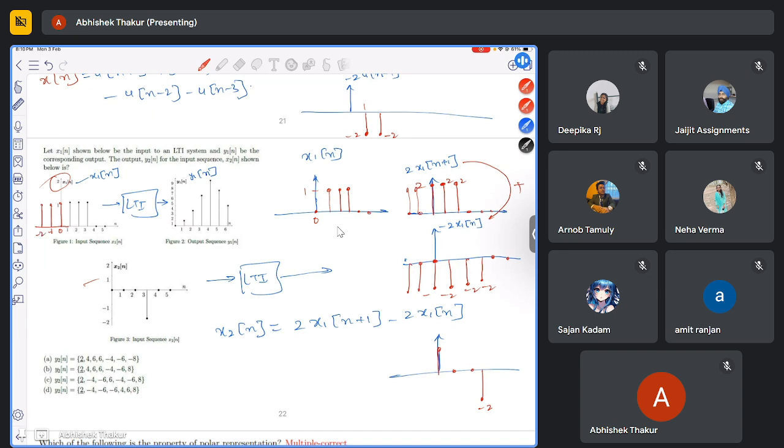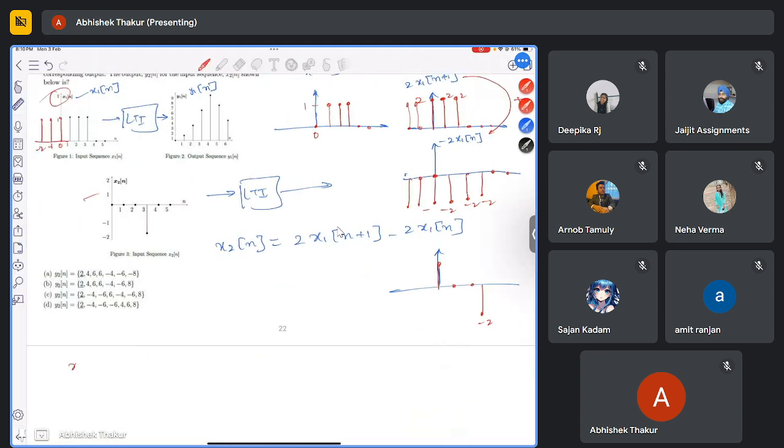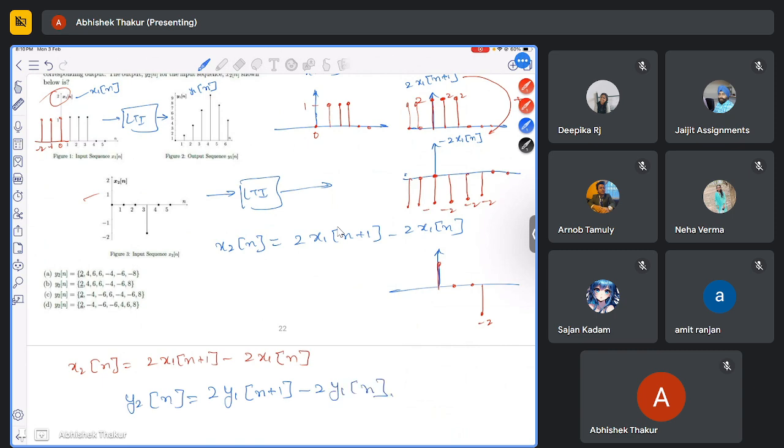So now x2n can be written as 2 of x1n plus 1 minus 2 of x1n. And it's an LTI system, so our output will also be linear and time invariant. So y2n will be 2 of y1n plus 1 minus 2 of y1n.